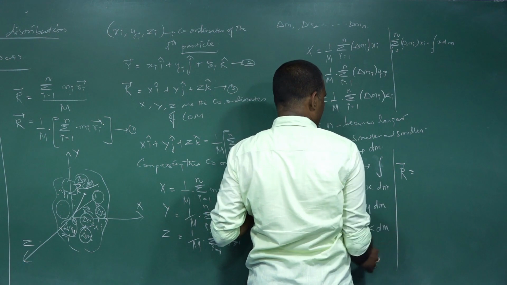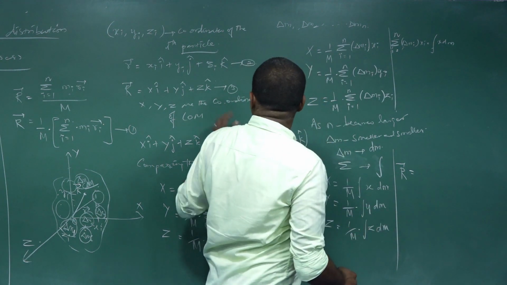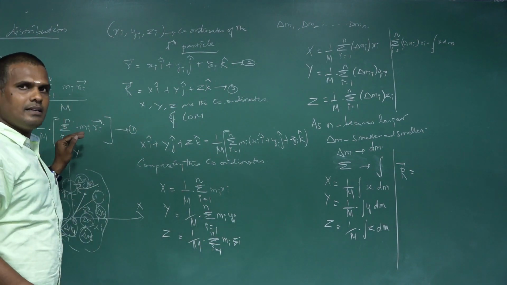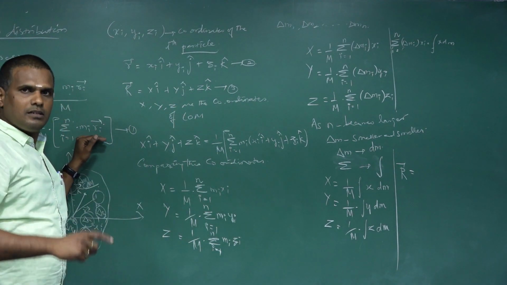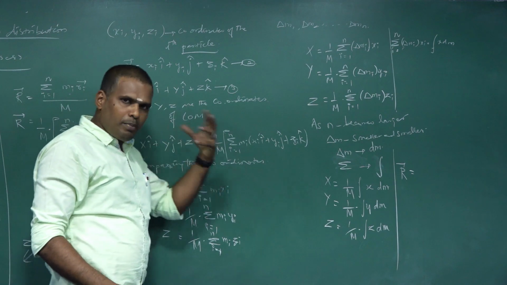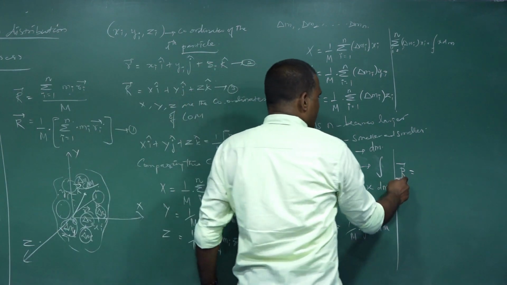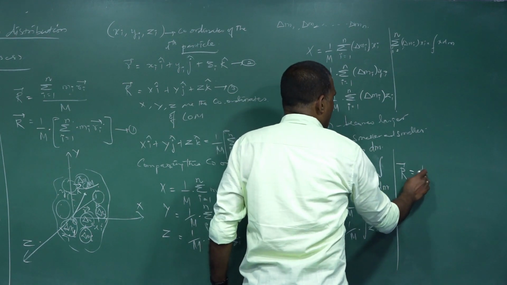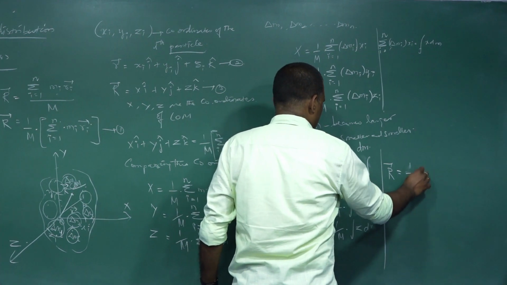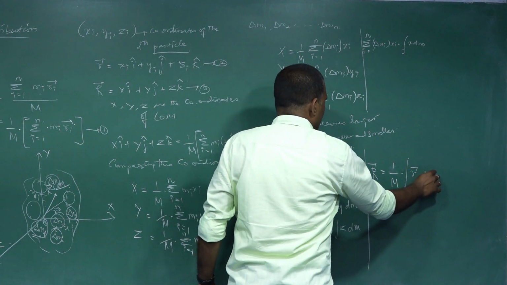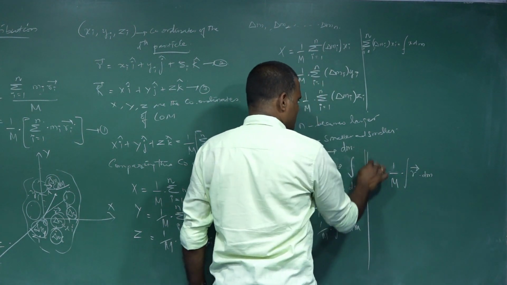R vector is equal to, because the right hand term in this expression is in terms of vector, so I have to represent once again the position coordinate in terms of vector. So R vector is equal to 1 by capital M into integral of r vector dm.